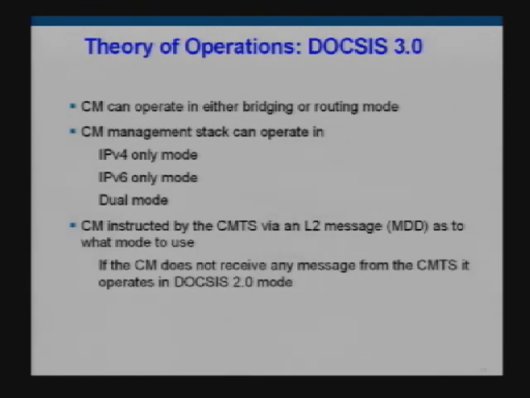The settings in the MDD message tell the cable modem to go with IPv4 only mode, IPv6 only mode or dual mode. Dual mode is where it has a dual stack supporting IPv6 as well as IPv4.